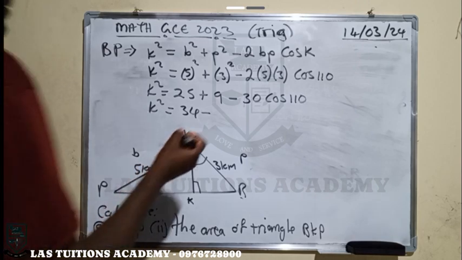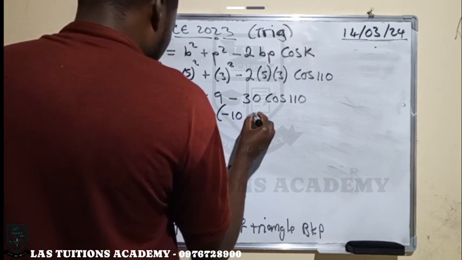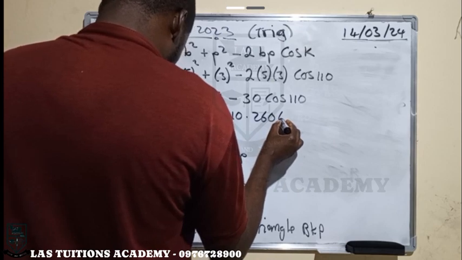So this one is going to give us negative 10.2606043.